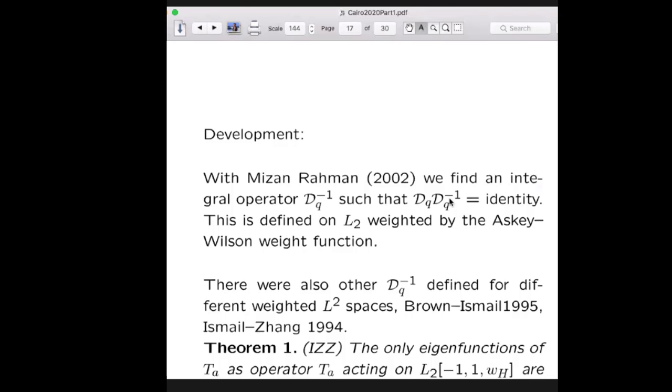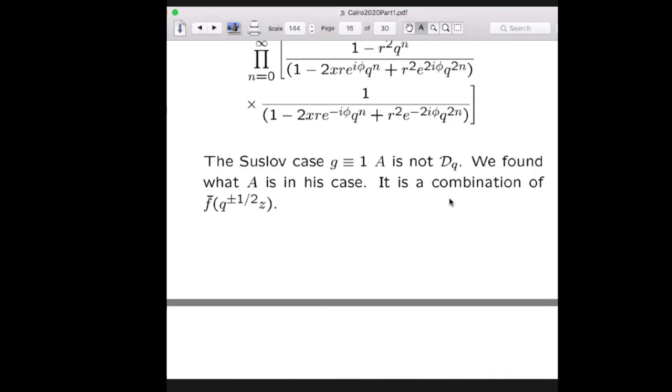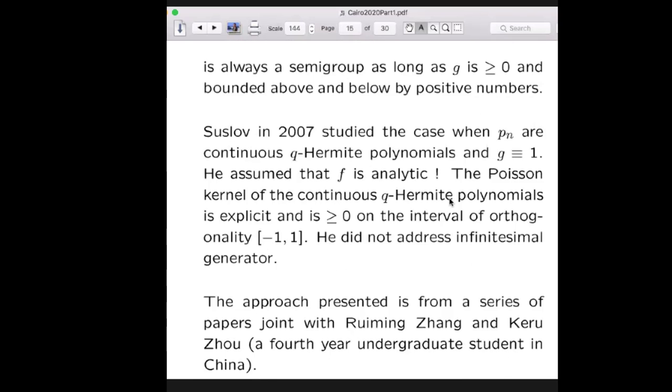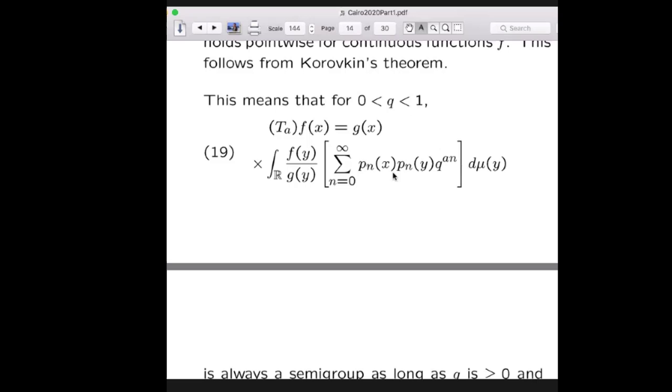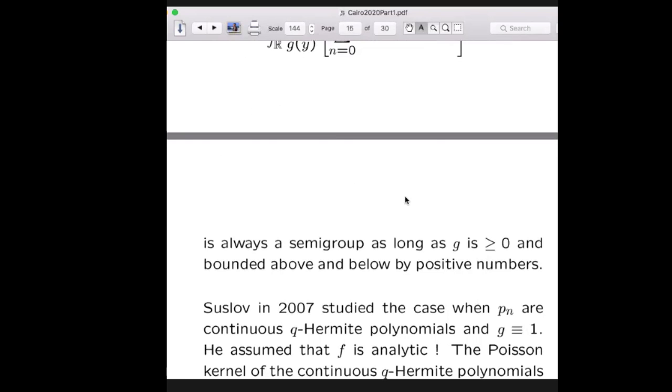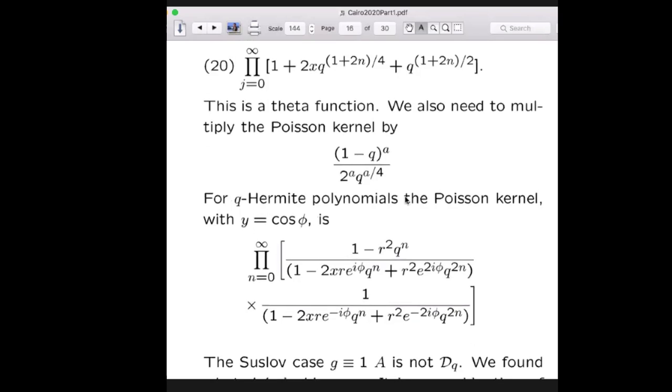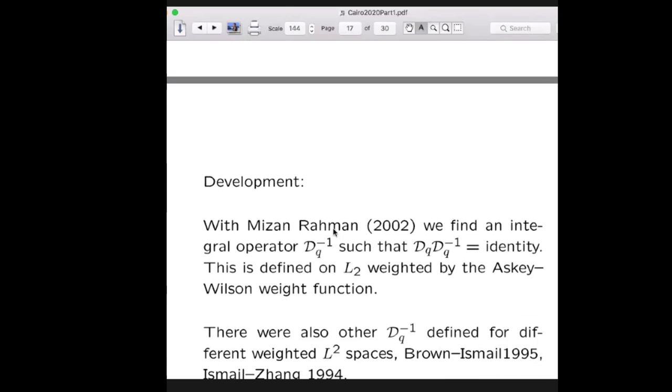And it turned out to be exactly the case a equal 1 of this thing. It turned out this a was 1 here. So the special case already appeared in my paper with Mizan. And now we are looking at all the fractional powers.